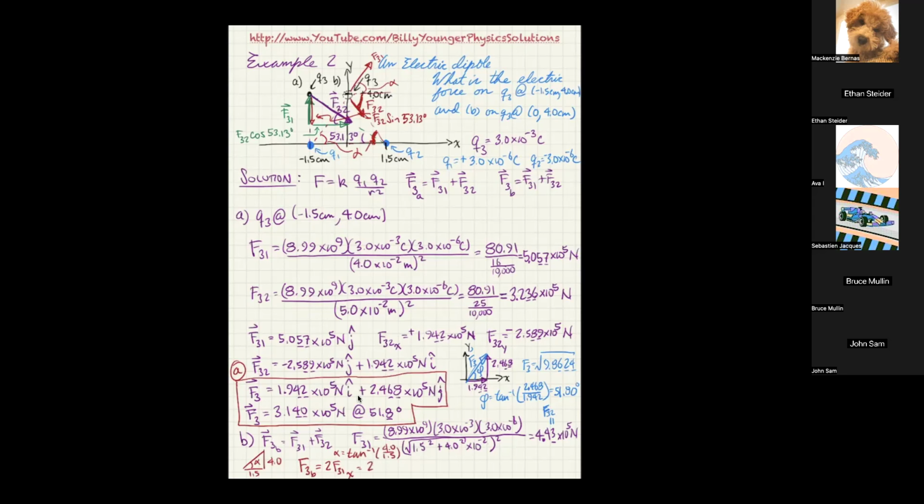So I'm going to say this is 2 times 4.43 times 10 to the 5th newtons times, now I've got to take the cosine of, when I take the inverse tangent of 4 divided by 1.5, I get 69.44 degrees.